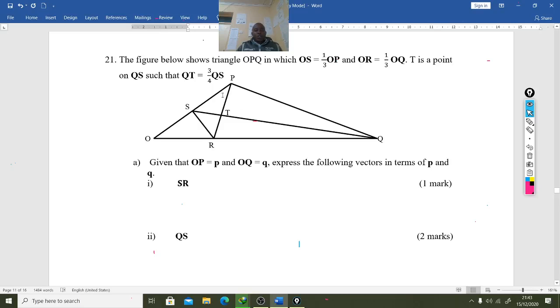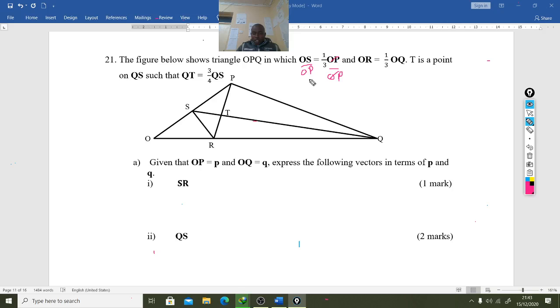The figure below shows a triangle OBQ in which OS is a third OP. So if I divide by OP all through, OP and OP cancel.